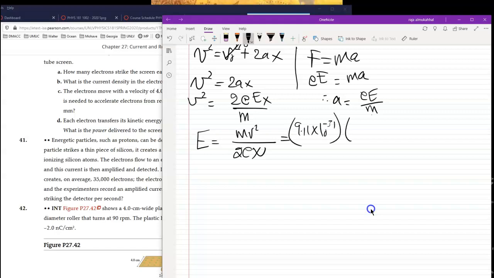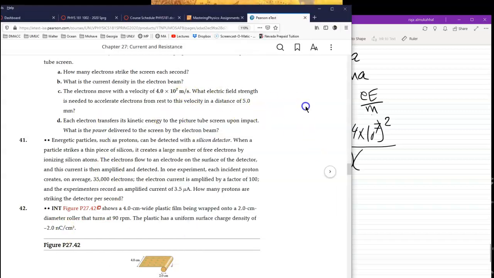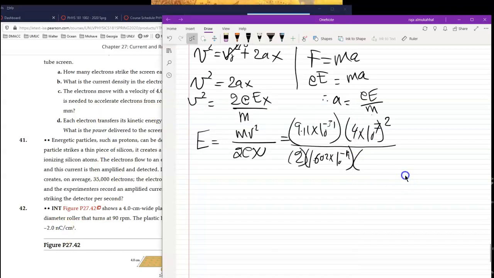The velocity given to us is 4 times 10 to the 7, squared. Divided by 2 times the fundamental charge times the distance. He said 5 millimeters, so it's 5 times 10 to the negative 3.